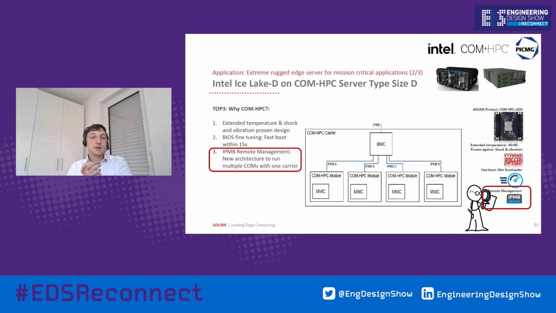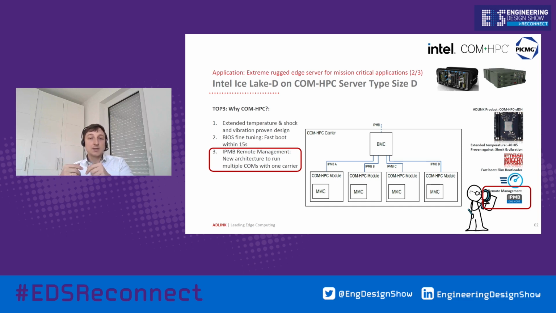Let's have a view back in the past. In the past, a lot of our clients implemented multiple modules on one carrier board, and this BMC feature was not available. So how did clients overcome this situation?